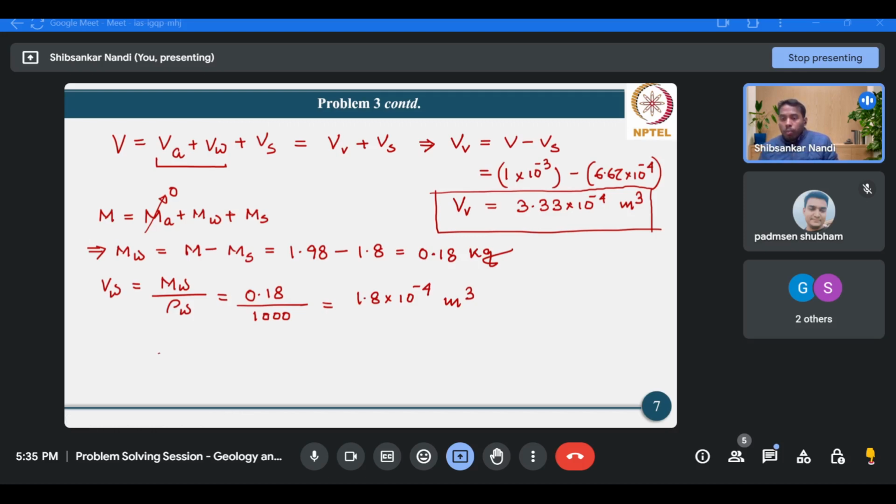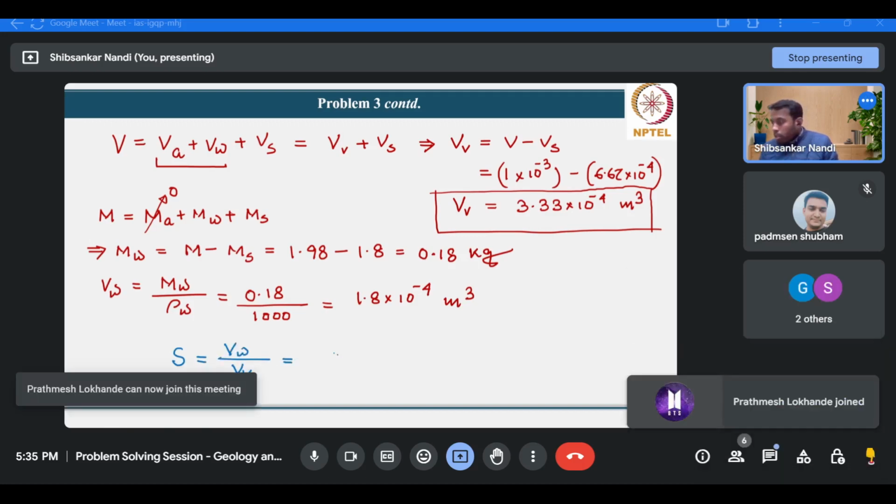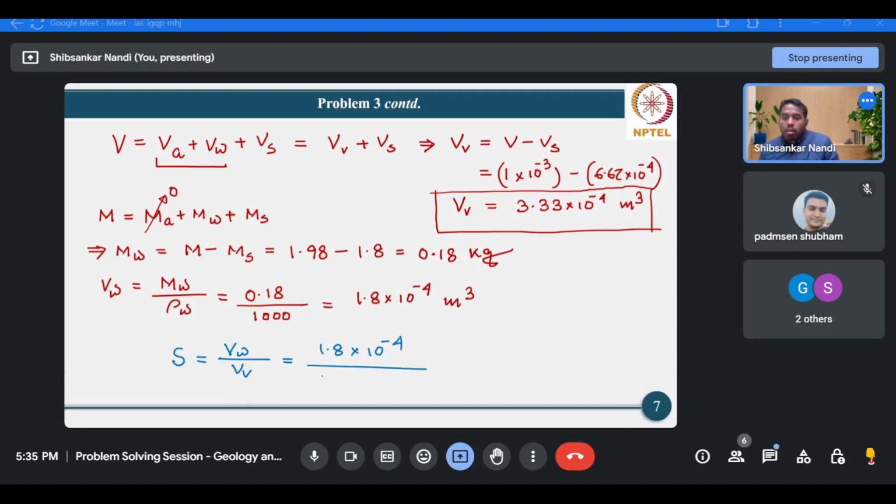So therefore the degree of saturation of the given soil would be 1.8 into 10 to the power minus 4 divided by 3.3 into 10 to the power minus 4.